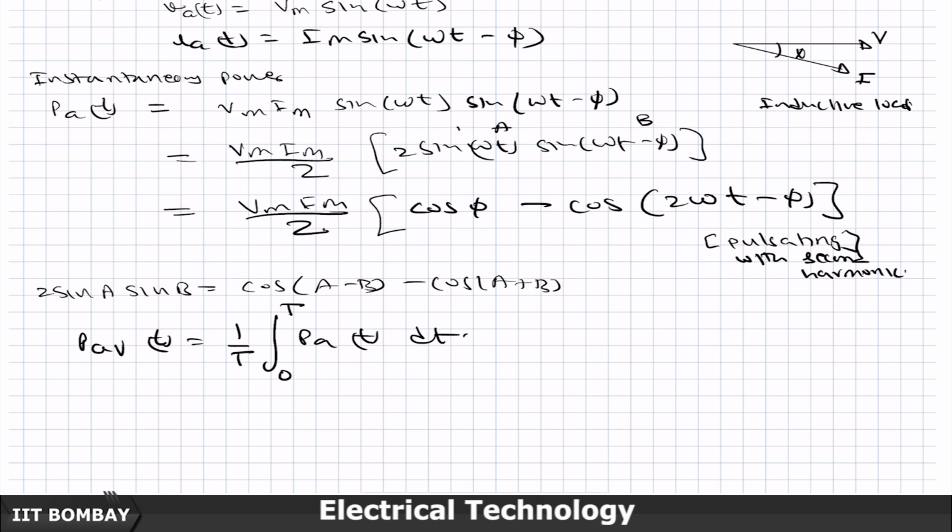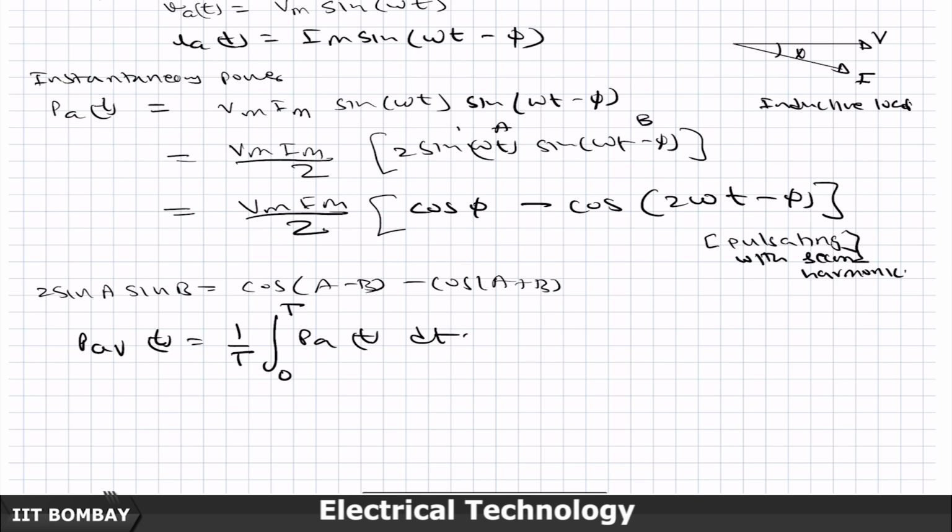The double frequency oscillation of 2 omega t is superimposed over this Vm Im cos of phi. So, therefore, we said we have to look at the average value, and we did discuss that the average value of any fundamental frequency or harmonic frequency sine or cosine over a cycle will be 0.